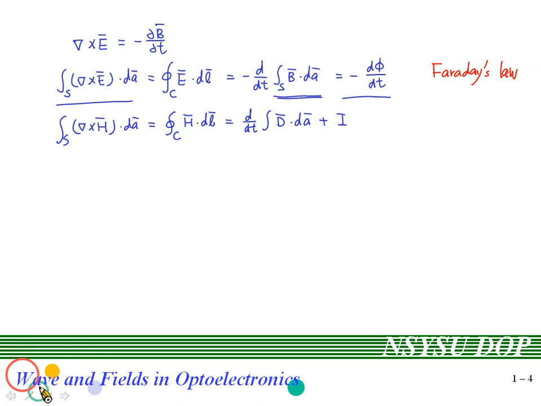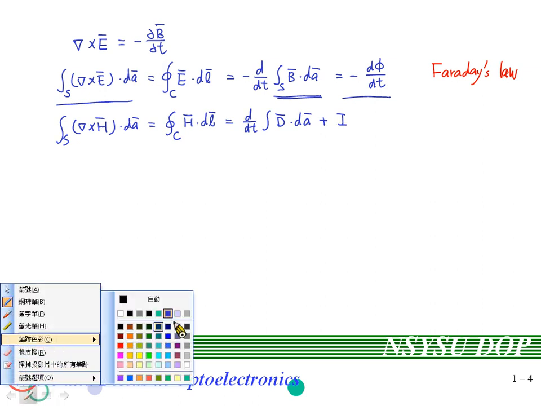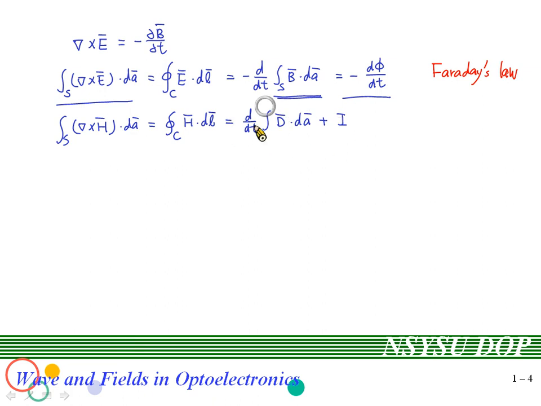Okay, since that, consider this side here. These two shall have the same physical meaning. Since this one is current, we can also say that this one shall also be a current too. So what kind of current will it be? We call it I_D.